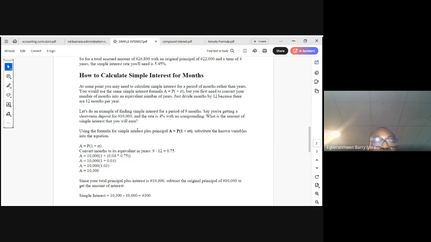So your interest will now be 10,300 minus 10,000, which is the principal. That will give us 300 naira. You can still do this directly without going through this process. You can use the formula for interest, which I gave at the beginning. I, capital I, is equal to PRT. If you use that, you will still get 300 naira.